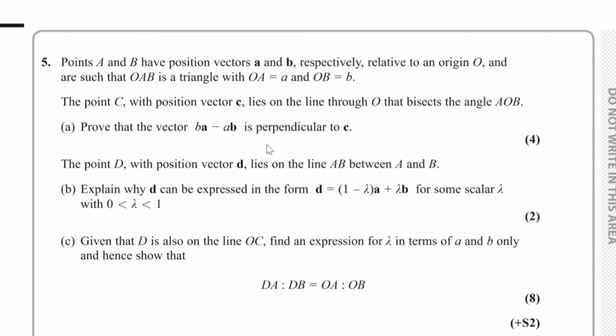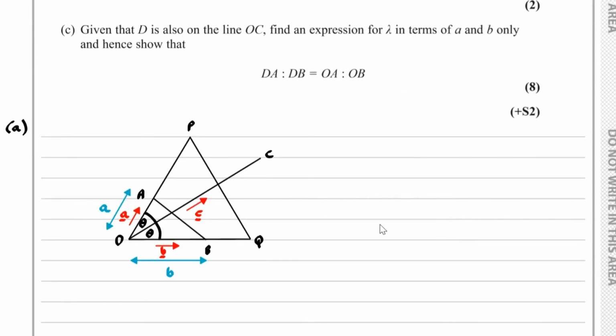So if we create a diagram to represent this information, here we've got a diagram. I've got the triangle OAB, I've got the vector a, the vector b, and I've got OA having a length of a and OB having a length of b.